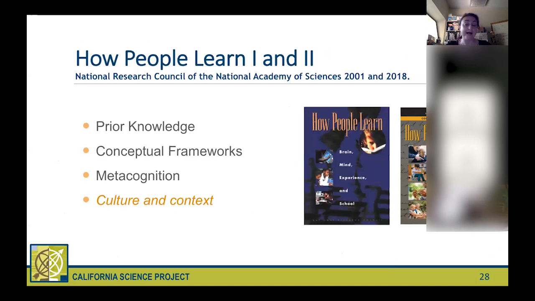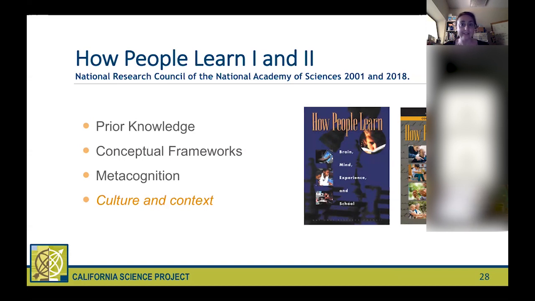It was borrowed from How People Learn, first published in 2011, and now we have a second publication, 2018, that is confirming everything that was shared.